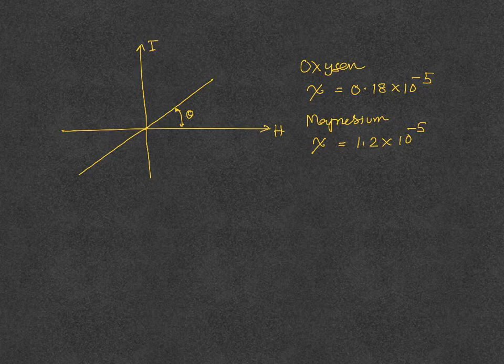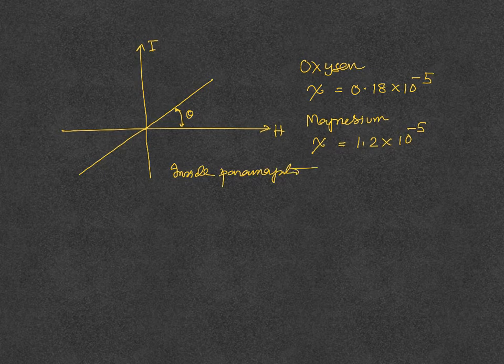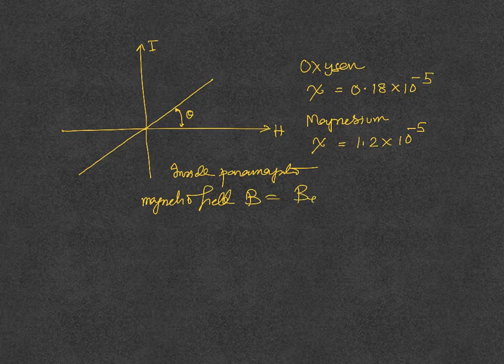Okay. So these are paramagnetic substances, and inside paramagnetic, the magnetic field is equal to obviously B external plus B atomic.